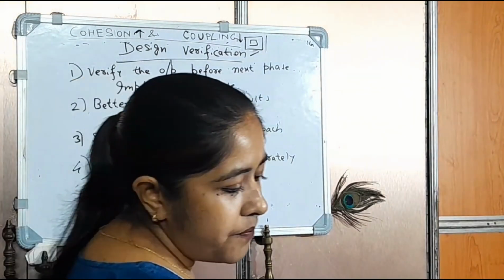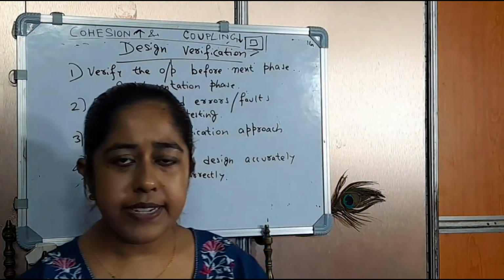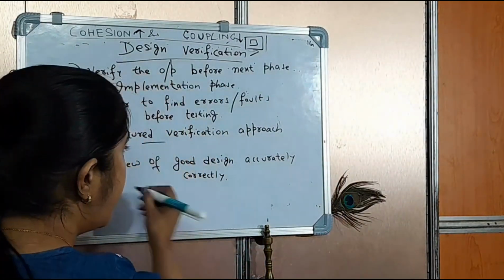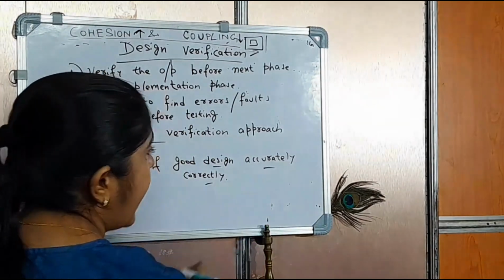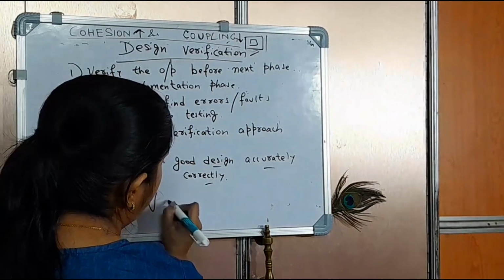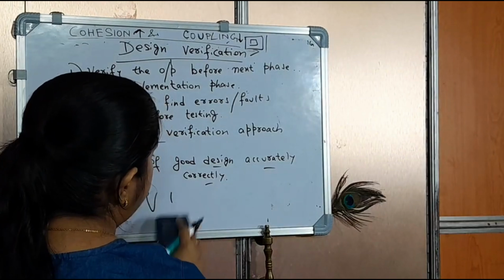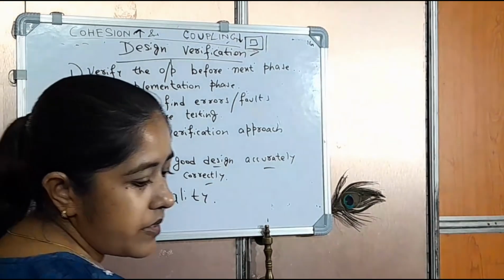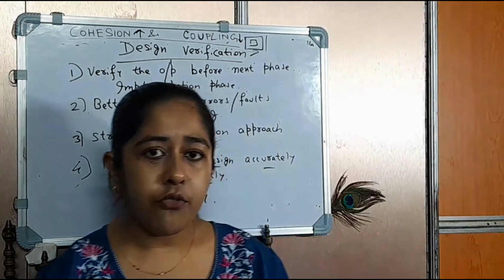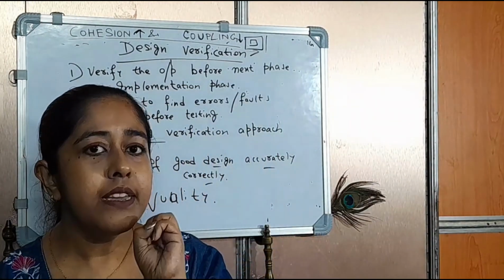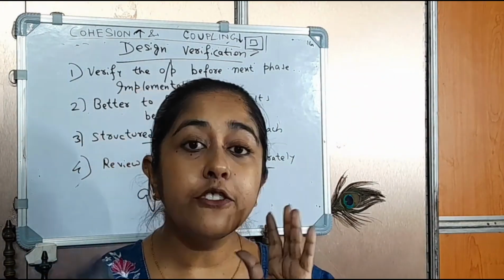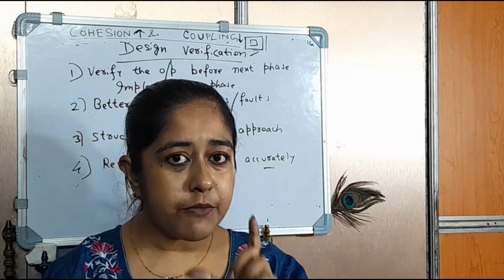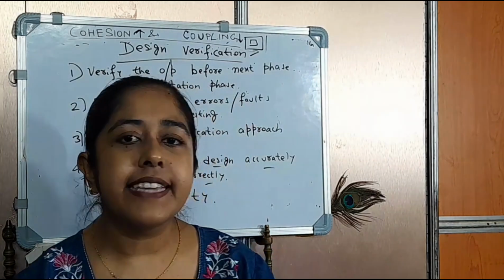Your design should be seen accurately and correctly, mainly for quality. The quality of whatever design is done should be correct and good, so that your software design is good. Then it should be perfectly, accurately and correctly checked.